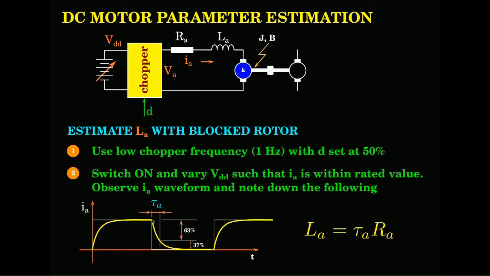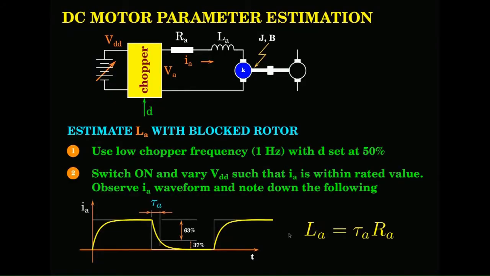From there you take 63% down. So you know this value. You put it into a compare register, wait for the timer, keep on counting, and you are sensing. As IA matches the value of the compare register, interrupt, take that value of the timer counter into a register, and then you have the time constant. From there calculate LA.